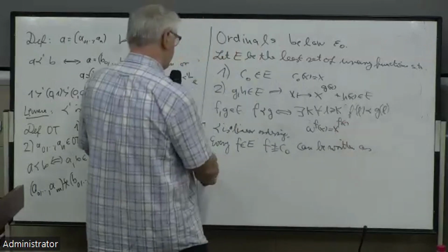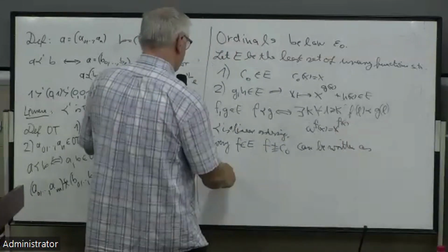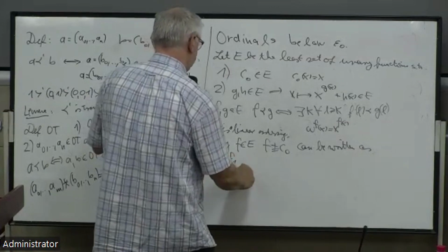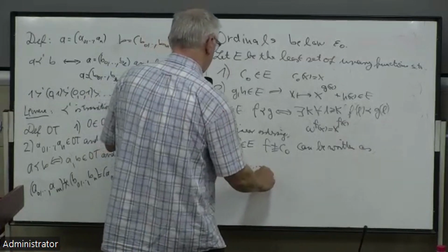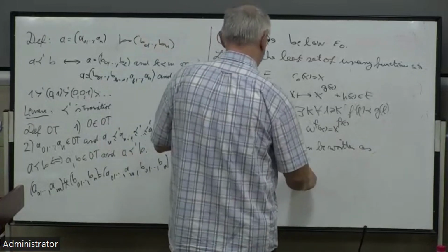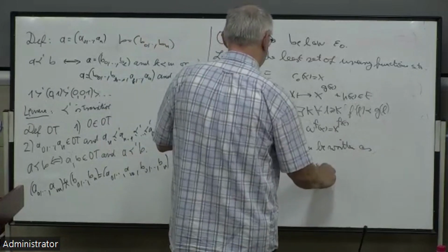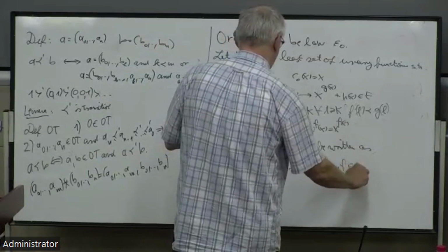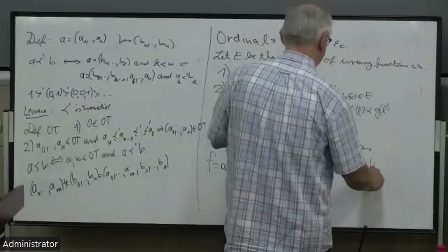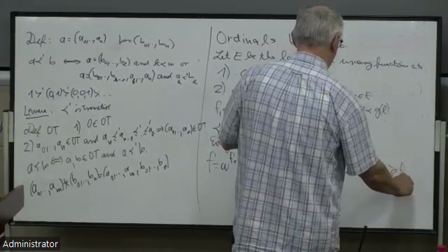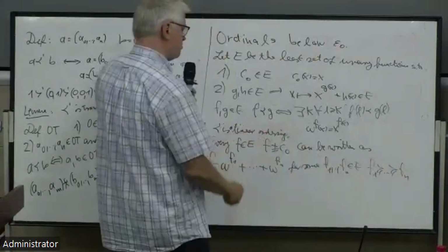And then F can be written uniquely as omega to f1 plus ... omega to fn for some f1 to fn in E, which are weakly decreasing with respect to this ordering.